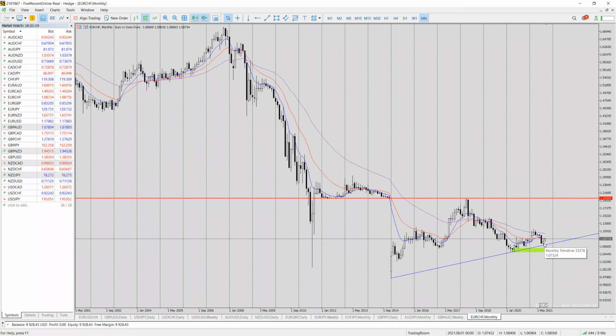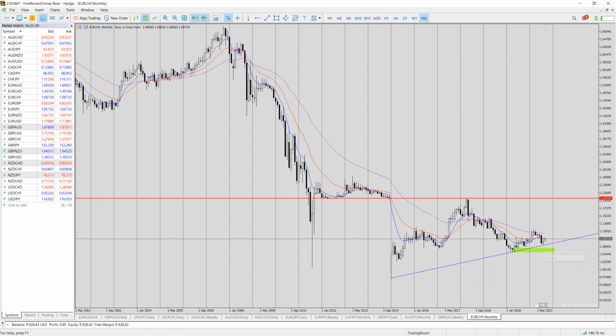I think it was before the end of August or something like that. And I mentioned the Swiss bank potentially intervening if the Swiss currency would become stronger.